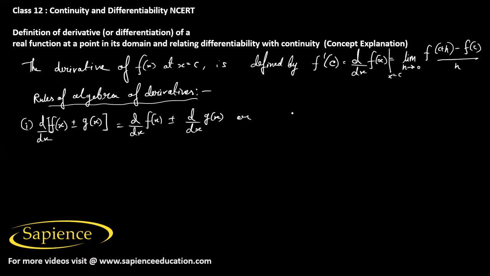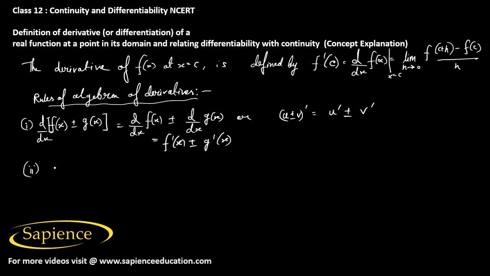Or simply we can write it as u plus minus v whole dash, that is equal to u dash plus minus v dash, where u is f of x and v is g of x. This can actually also be written as f dash x plus minus g dash x.